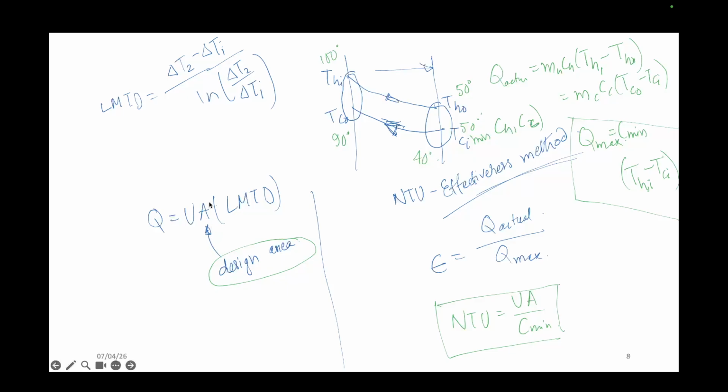So what would be A? A is Q divided by U times LMTD. Basically, if you need to reduce area, you need to reduce LMTD considering the other two parameters. That's why this parameter is important if you have to make a small system or a larger system. Accordingly, you have to change this value.